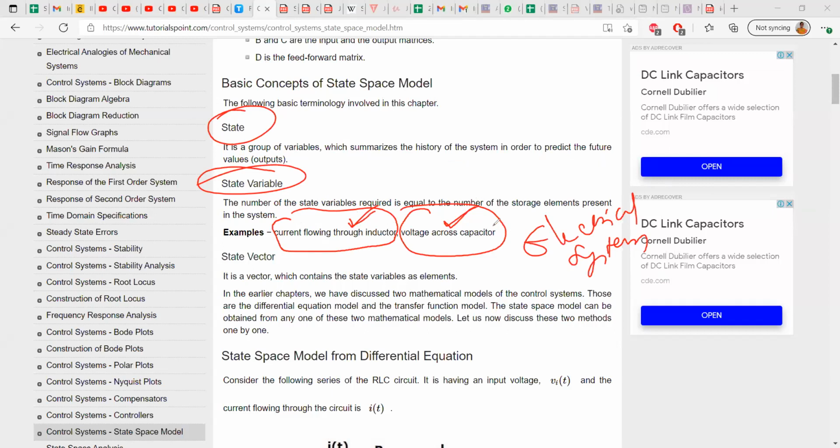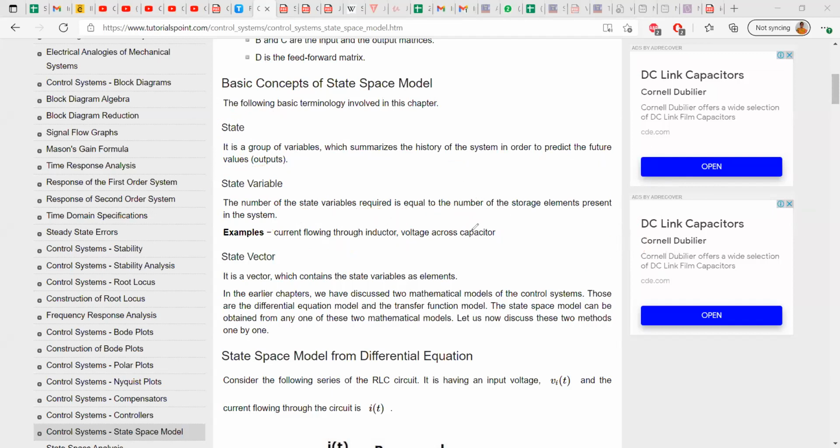To get clarity on state variables: inductors and capacitors are the components of the electrical network. The current flowing through the inductor and the voltage measured across the capacitor are nothing but state variables.